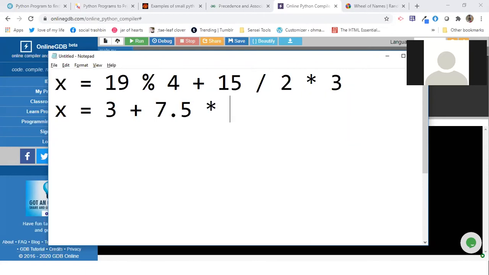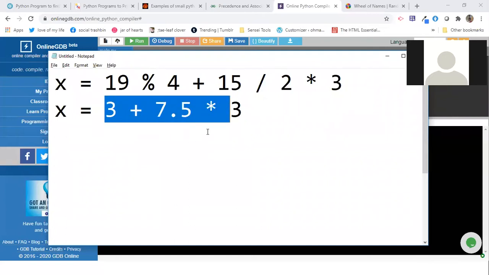Multiply to 3. Ma'am, bakit mo pinagsabay yung modulus division and yung division? Sinabay ko na kasi hindi naman sila nag-overlap. Hindi sila nasa isang equation lang. Parang walang effect sa isa't isa. So, okay lang yon. And then, 3 plus 7.5 multiply 3.